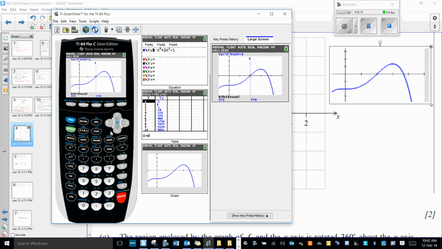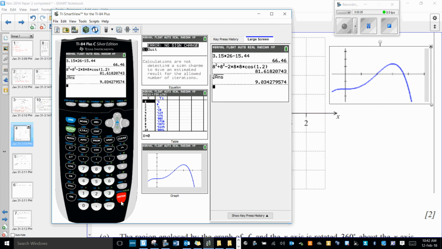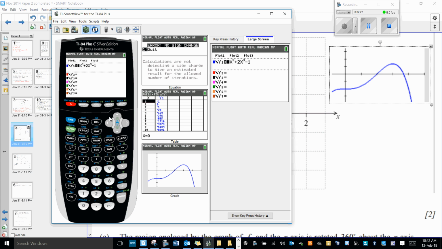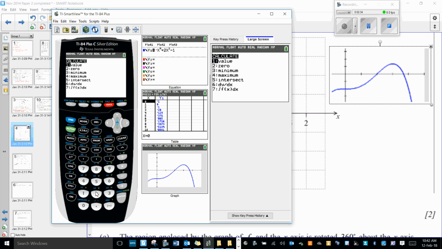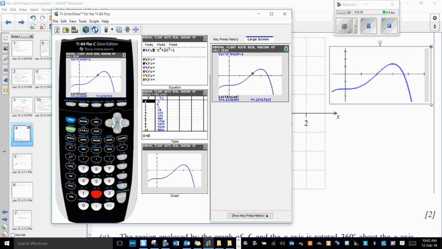So, we've already got our left bound, right bound. Oh, what's happened there? So second calc, we're trying to find 0, left bound. Okay, let's go back. Left bound, right bound. Okay, so that's 1, 0.